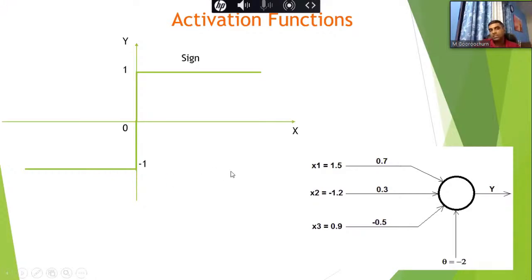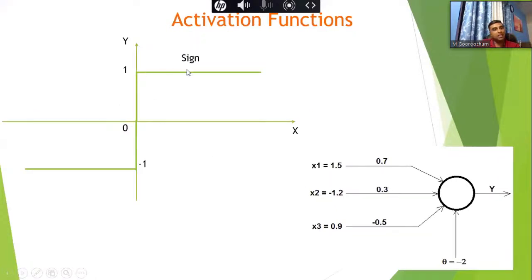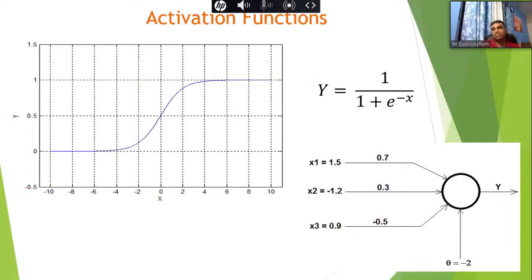So your output for step can be 1 or 0, and for sign can be 1 or minus 1. This is why we use these activation functions basically for classification tasks like true or false answers, accept or reject, or on-off problems, typically called classification or pattern classification problems. Let's look at this one now.